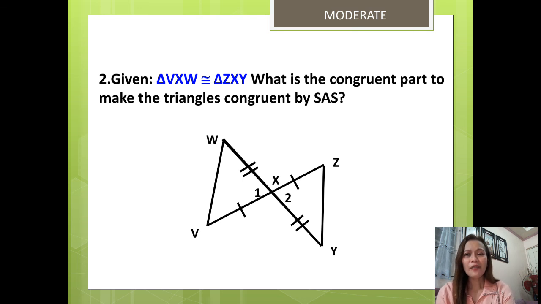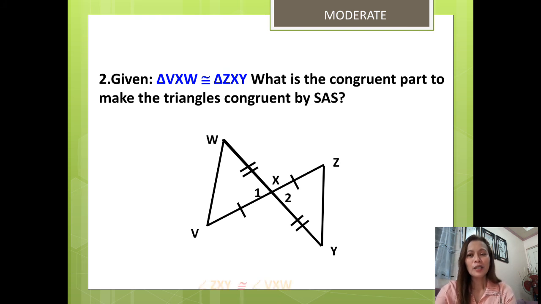Given triangle VXW is congruent to triangle ZXY, what is the congruent part to make the triangles congruent by SAS? Side, angle, side. Using the identical mark. Okay.